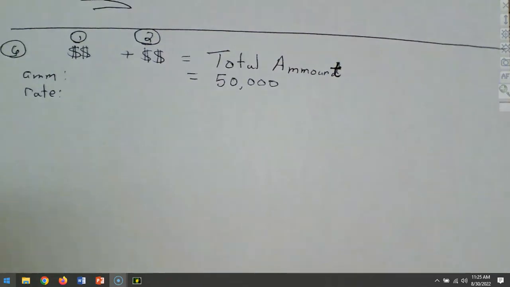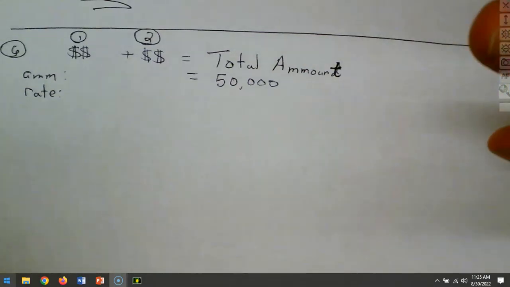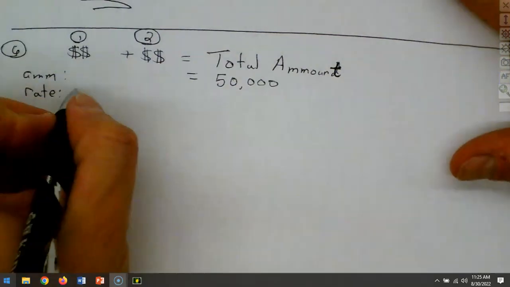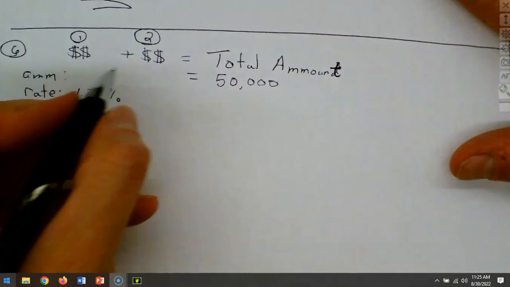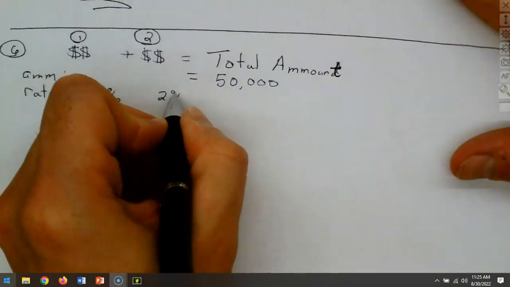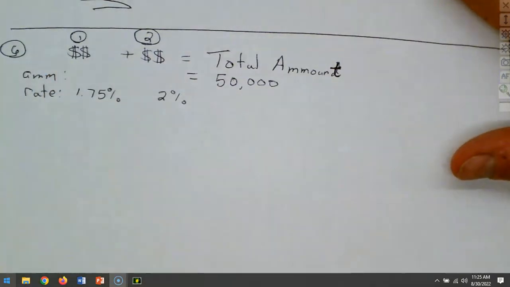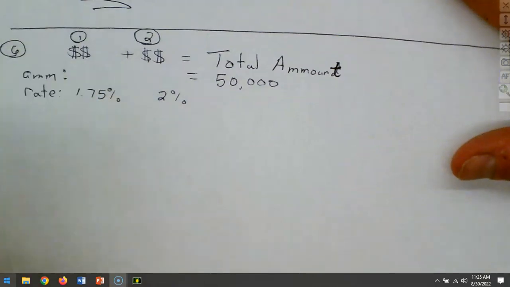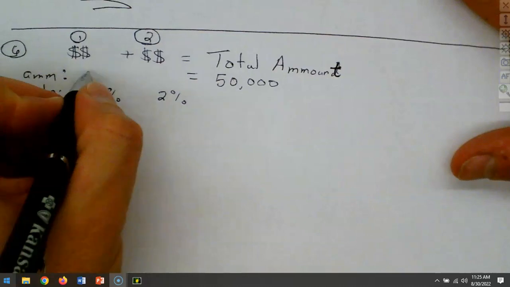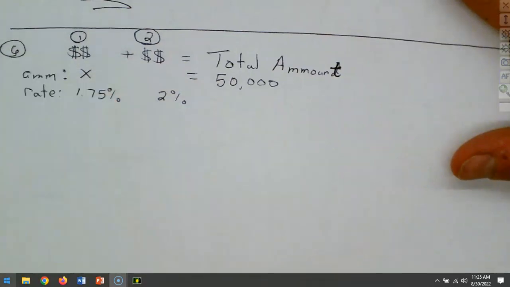Now, we are investing it in 2 ways. So we are investing it in 2% and in a 1.75%. Doesn't matter which one goes where. You can put them in either order. So 1.75% and 2%. Let's put them in that order. Now, do we know how much 1.75% we have? No. That's our unknown. So that's going to be x there.